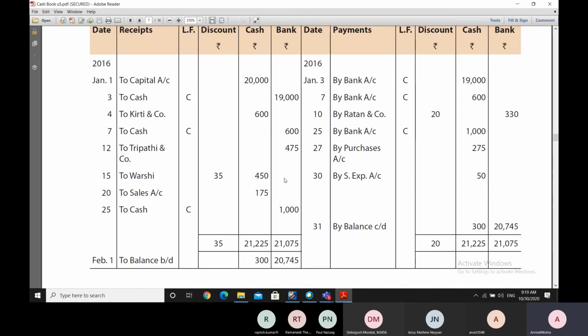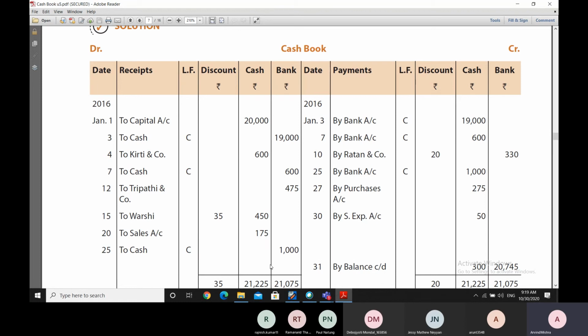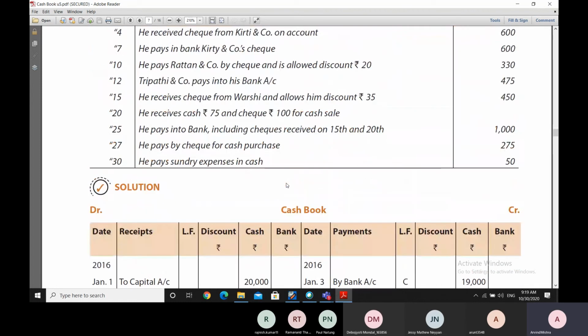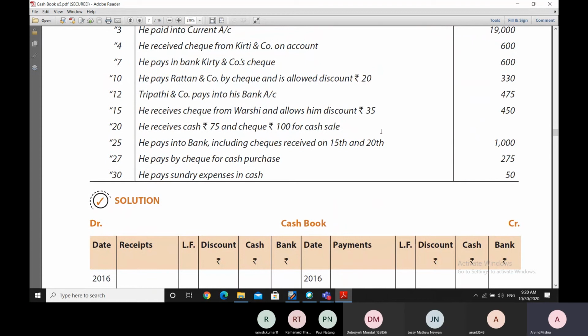So similarly, let us see one more transaction of this 1000 rupees. So 1000 rupees he pays into the bank, including the checks received on 15th and 20th. So he has received a check from Varshi and allows him discount of 35 rupees on 15th, and then he receives cash of 75 rupees and he receives a check for 100 also in respect of cash sale.